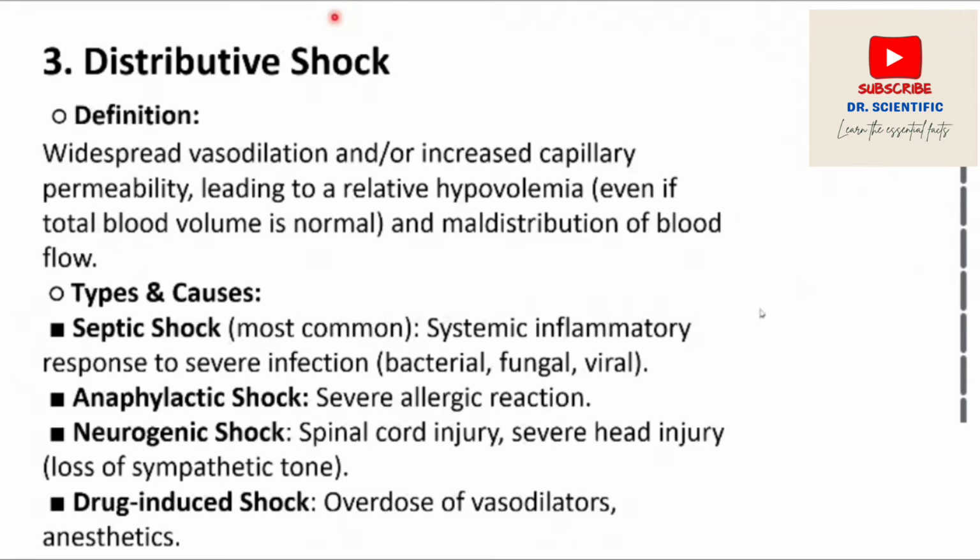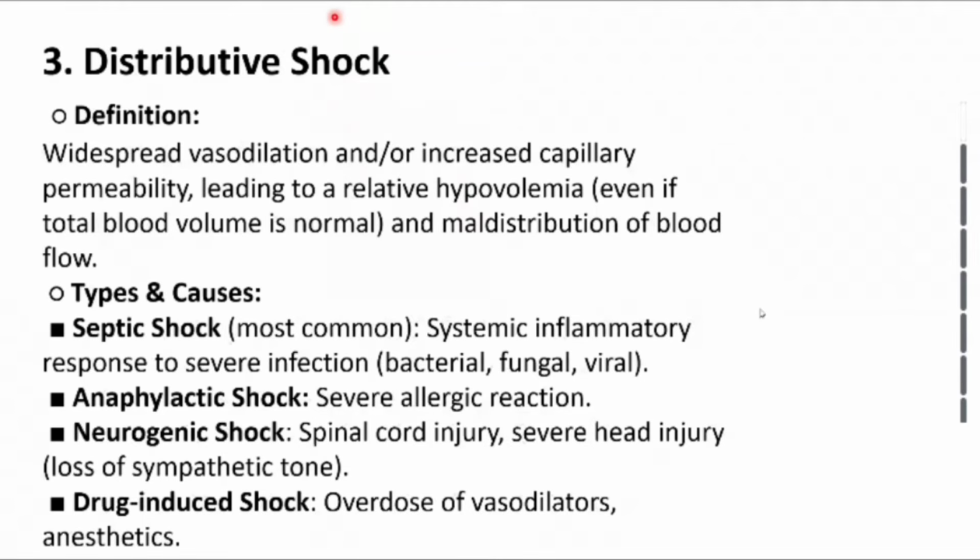The types of this distributive shock: the first one is septic shock, which is caused by systemic infection, and this systemic infection will trigger inflammation. The infections might be bacterial, fungal or viral, and lead to inflammation.